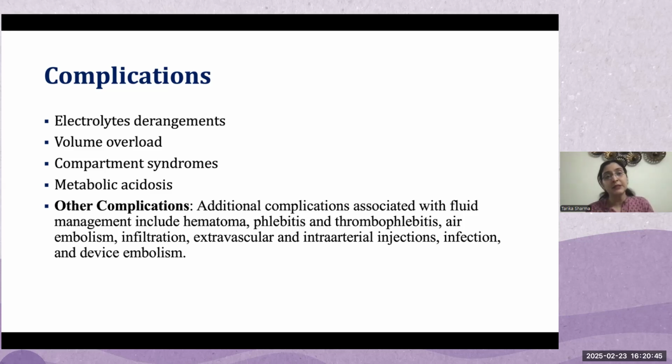If the management is not done properly, these people might also get compartment syndromes, usually abdominal compartment syndrome, because of which fatality and morbidity also increase. These people might also have metabolic acidosis because of the excessive use of isotonic solutions, or the use of normal saline.